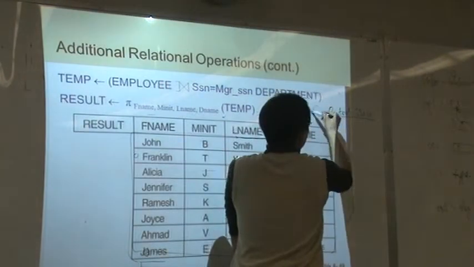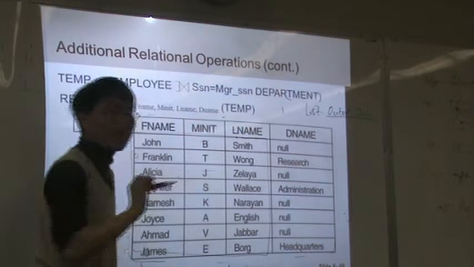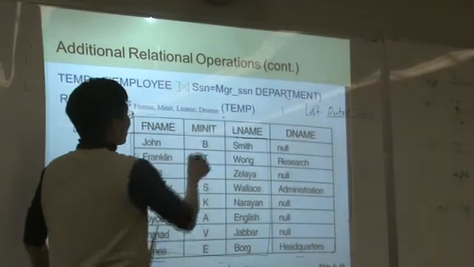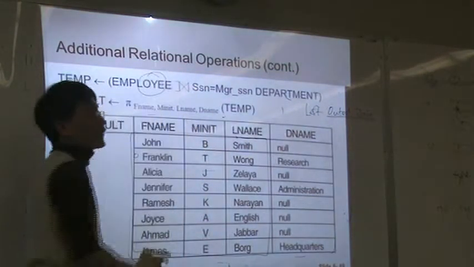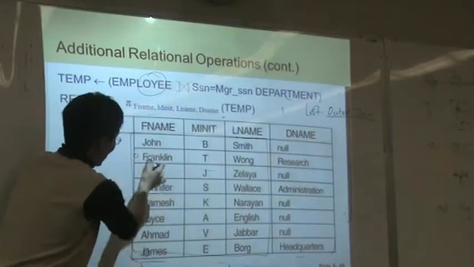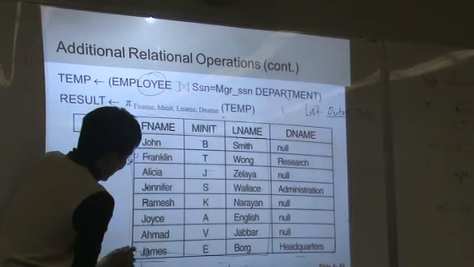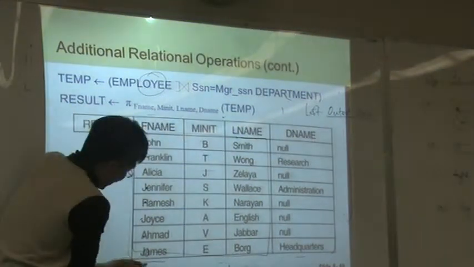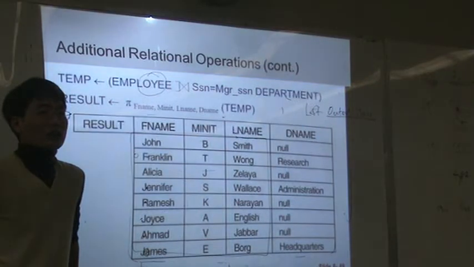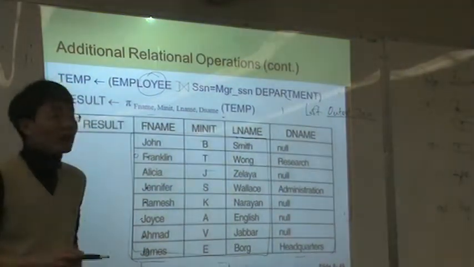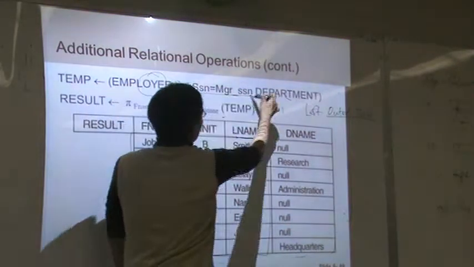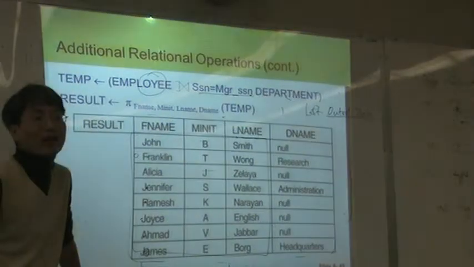Left outer join. Left outer join means we keep all the data from the left hand side, which means John, Franklin, Alicia, Jennifer, Ramesh, Joyce, Ahmad, and James, whether or not they are the manager doesn't matter.